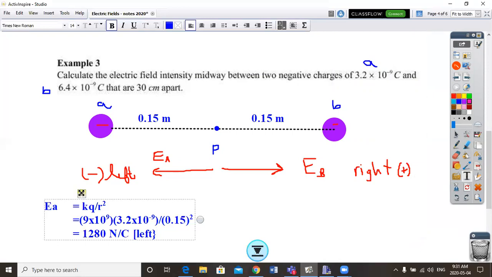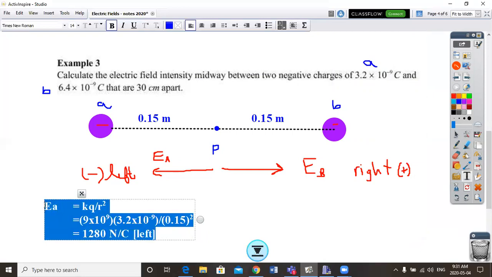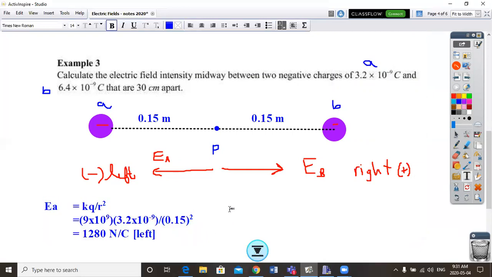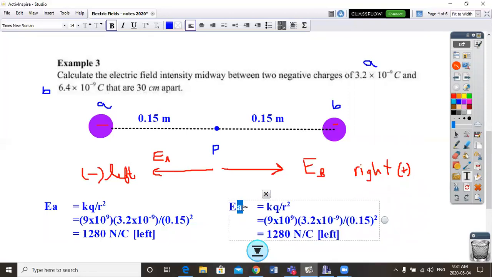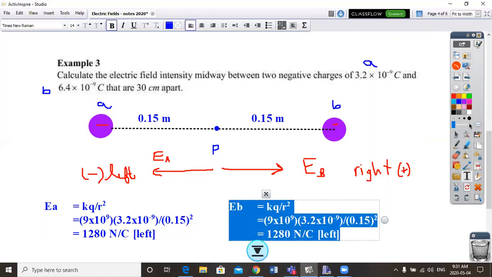To save time, I'm going to copy this, paste it over here, and just change the words. I may as well change the color too, so we'll do this in brown.